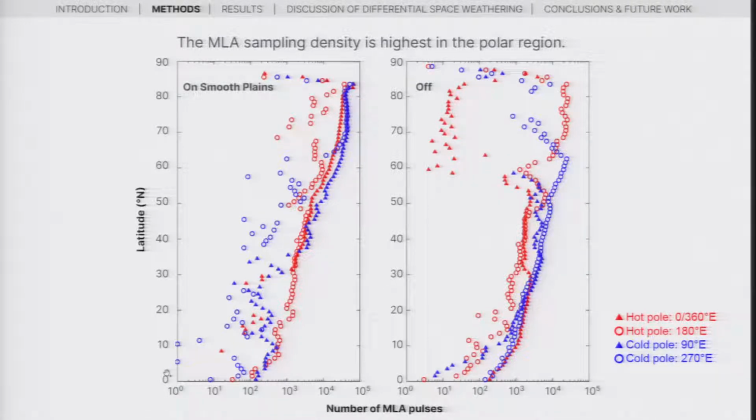Our MLA statistics stem from tens to hundreds of thousands of individual pulses the closer you are to the pole. But down towards the equator, sometimes we're relying on only tens to hundreds of pulses in a specific bin. So this is something that we're looking forward to BepiColombo helping improve, both the coverage and the statistics.